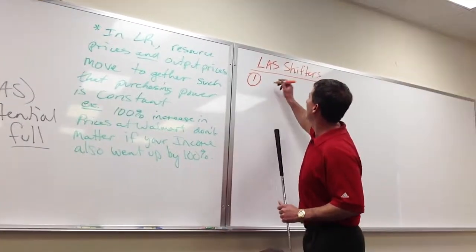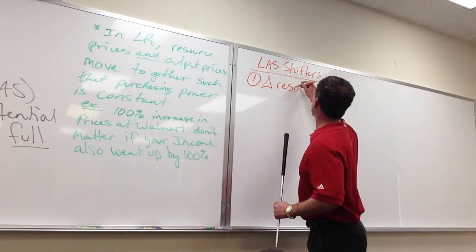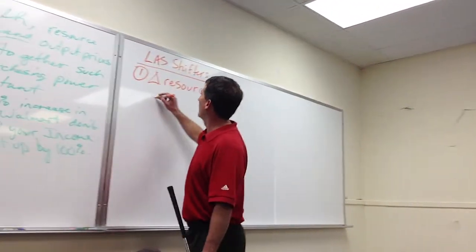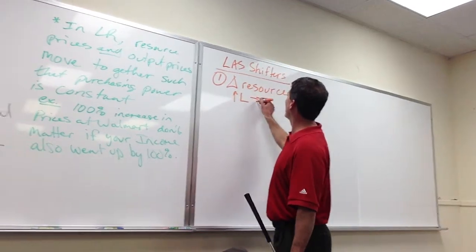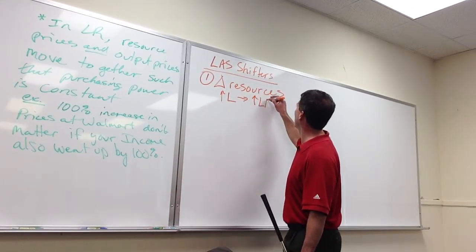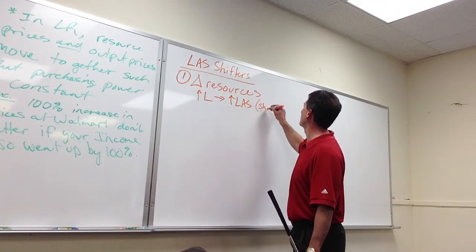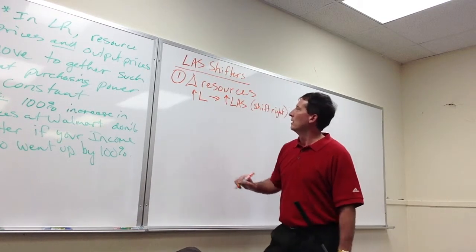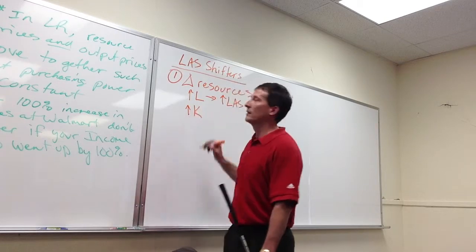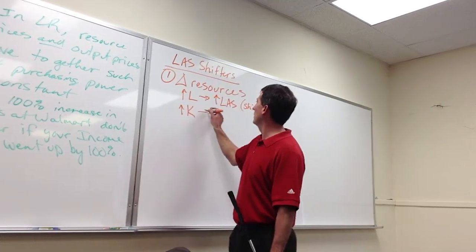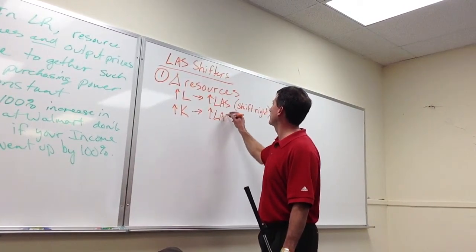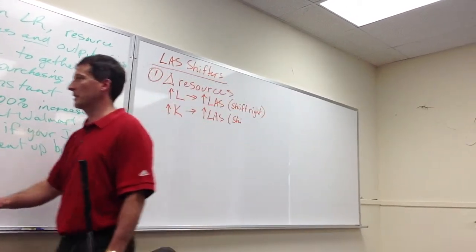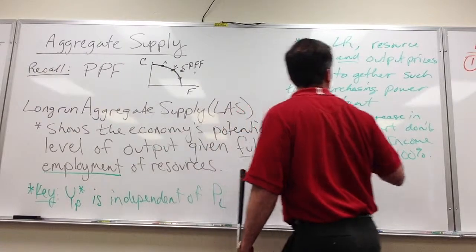So one, a change in resources, more generically. An increase in labor will lead to an increase in the long-run aggregate supply, a shift to the right. Now, an increase in machines, capital, will lead to an increase in long-run aggregate supply, a shift to the right.